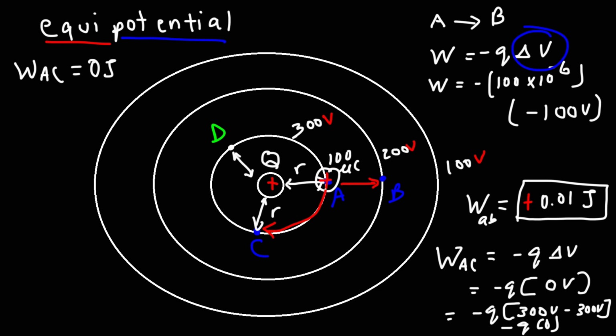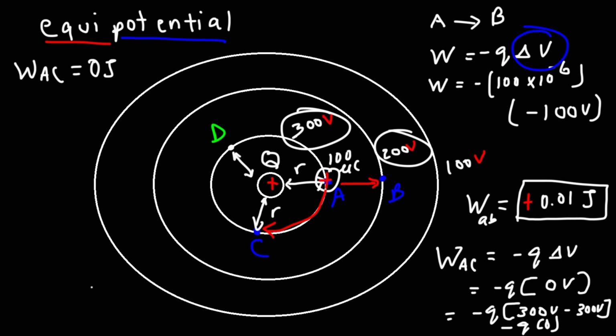No work has to be done on that charge to move from A to C to D. So make sure you understand that. Whenever a charge moves across an equipotential line or equipotential surface, no work is done on that charge. But if it moves from, let's say, A to B, where the potential changes, then there's going to be work done on that charge.